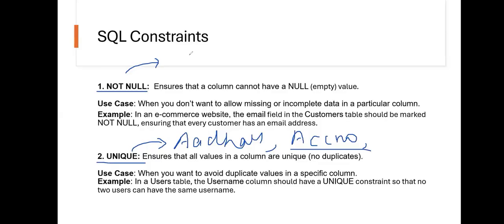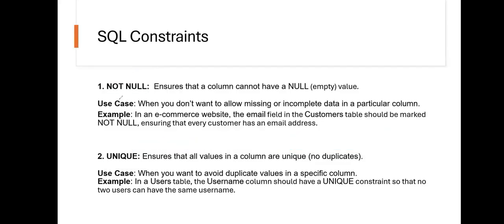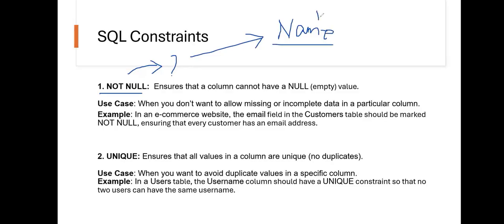Your PAN card number has to be unique. Employee ID is unique. Yes. In not null constraint, what could be there? A lot of things. If you're filling a job form, can you leave your name as null? I will not write my name, I don't have a name. No. So there would be a not null constraint. You cannot leave this column empty.